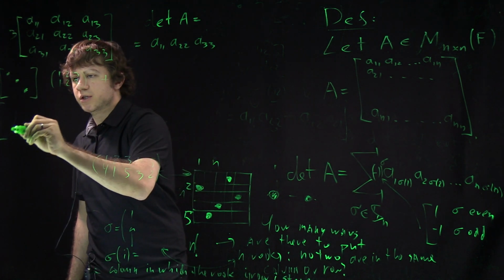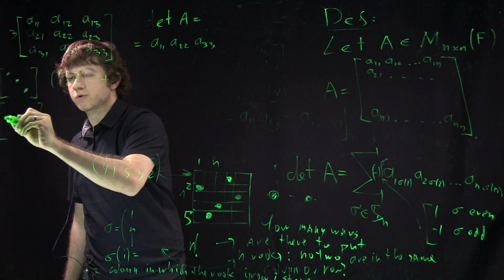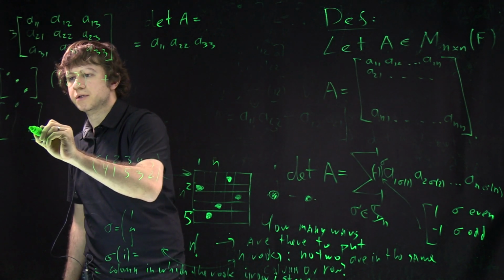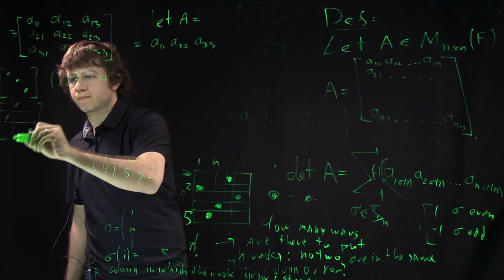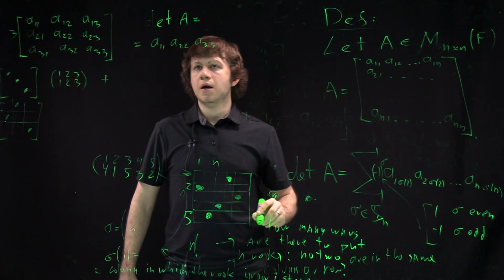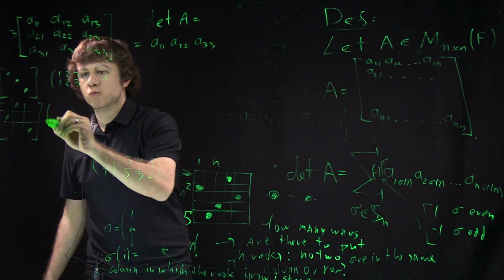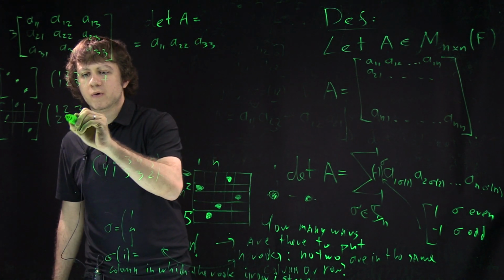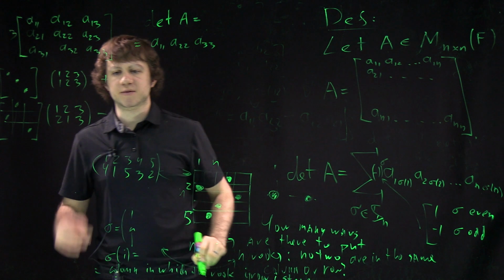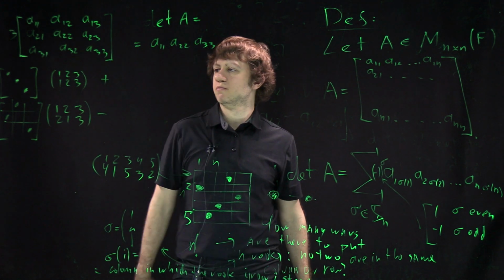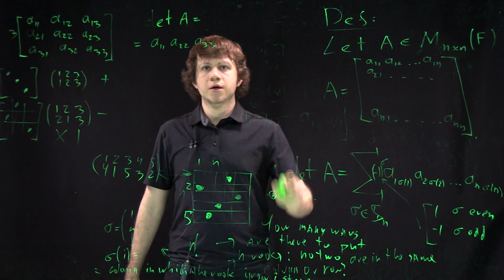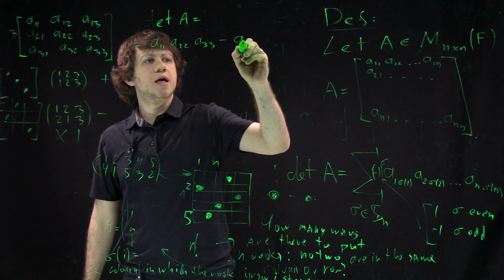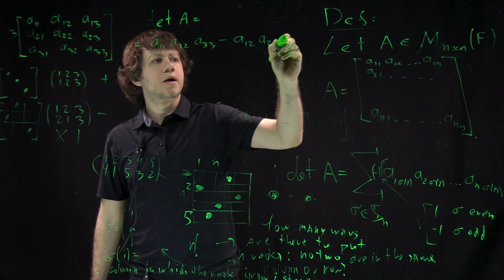Then another position of rooks is I can do the first two in different order, and the third is here. So this picture. And this is a permutation 1, 2, 3 goes to 2, 1, 3, and the sign is minus because it is a product of one transposition, or because if you draw a diagram it will have just one crossing. So we get minus A12, A21, A33.